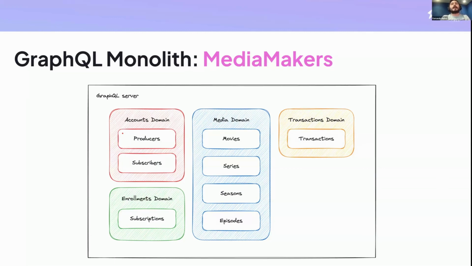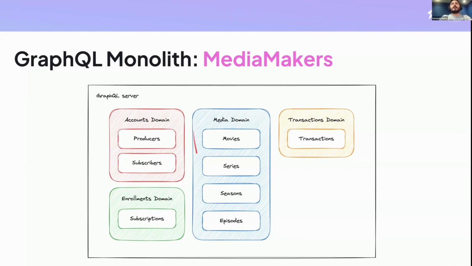Another type of user can subscribe to these producer accounts to be aware of when they are publishing videos, movies, or series. Also, the subscriber should be able to make donations to the producer. So that's basically the goal of the application.